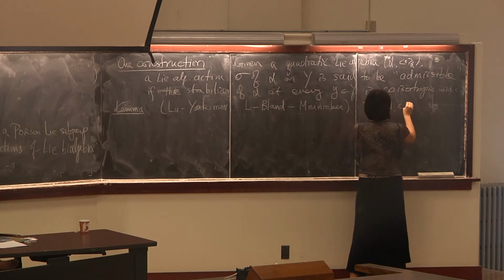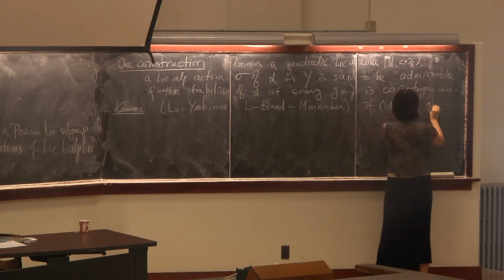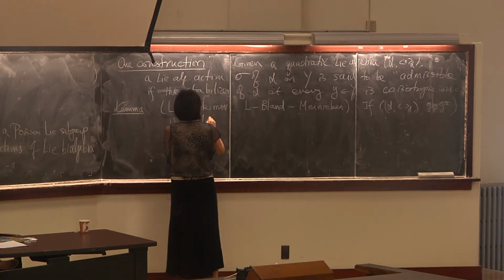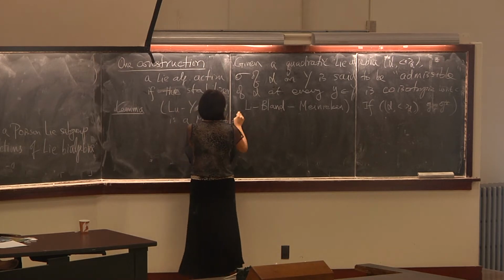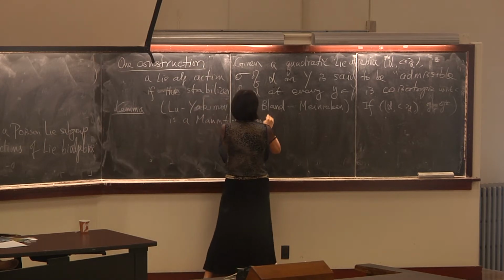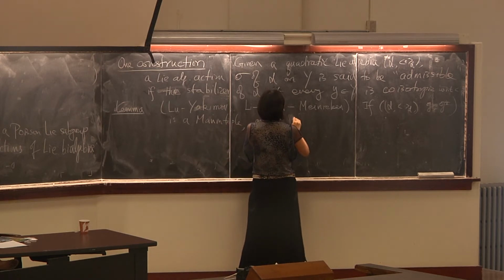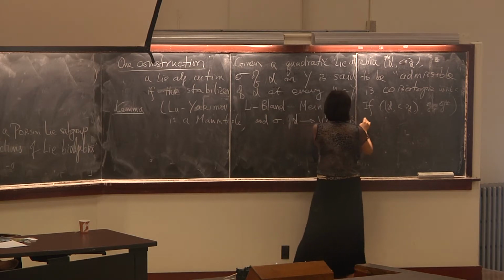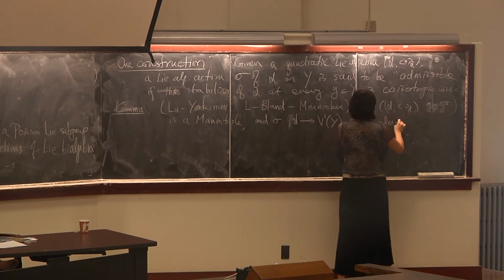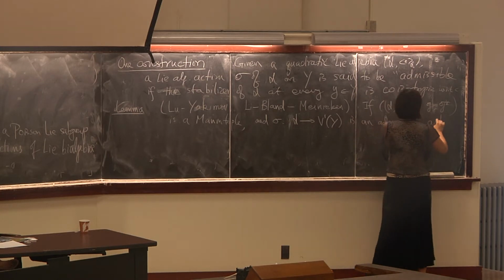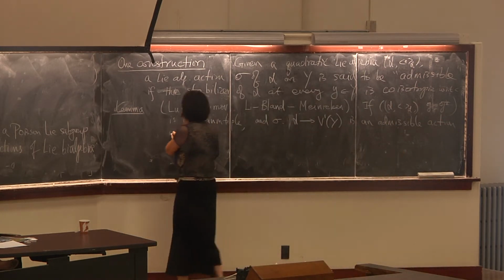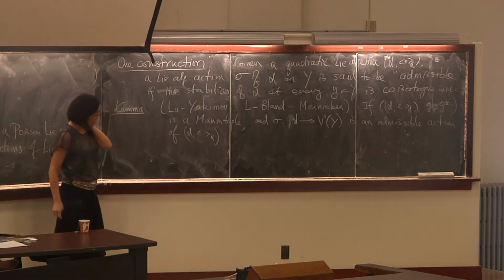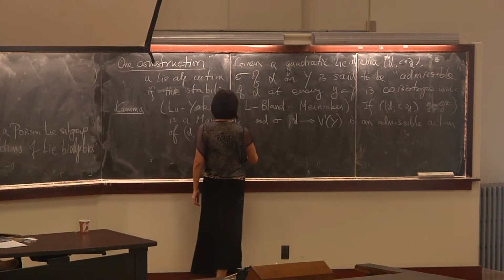If you have a Manin triple, and you have a sigma, which is an admissible action of the double D of the Lie algebra g. When I say admissible, I have to refer to the bilinear form, so it's the admissible action of the quadratic Lie algebra. Then you get a Poisson structure.